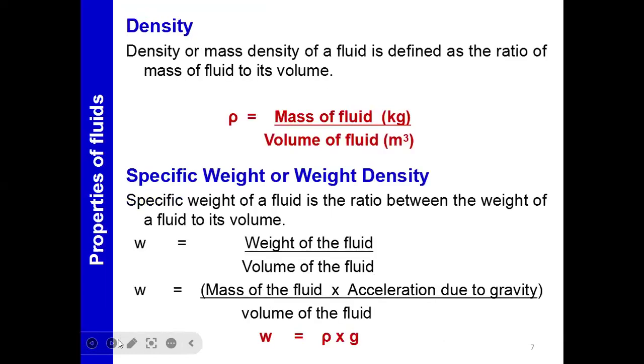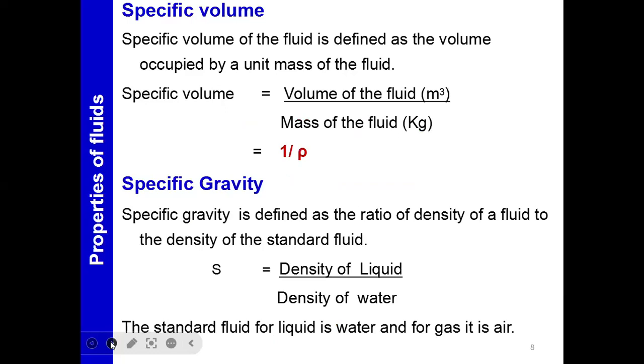And what actually is density? Density or mass density of a fluid is defined as the ratio of the mass of fluid to its volume. That means mass per volume is called the density. Specific weight, or weight density, of a fluid is the ratio between the weight of a fluid and its volume, similar to w equals rho g. Specific volume and specific gravity can also be defined.